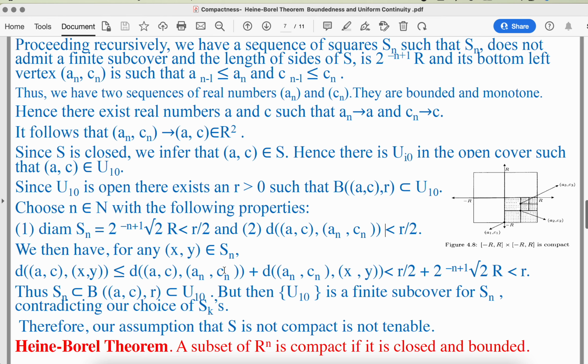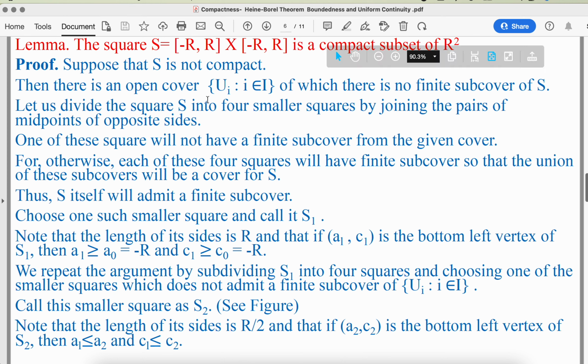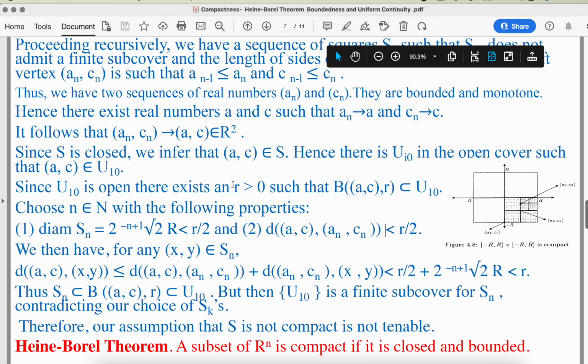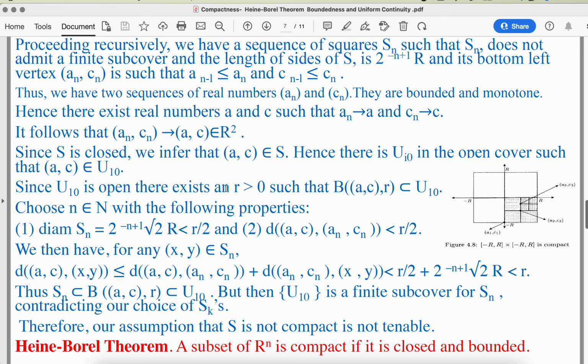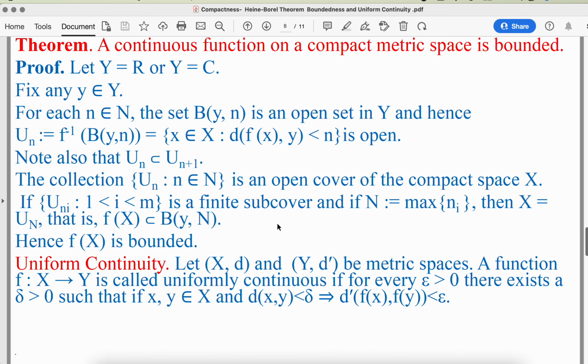It means the square S, which is defined like this, is a compact subset of R square. We can extend our Heine Borel theorem for the set of real numbers to the n-dimensional case also. A subset of Rn is compact if and only if it is closed and bounded.